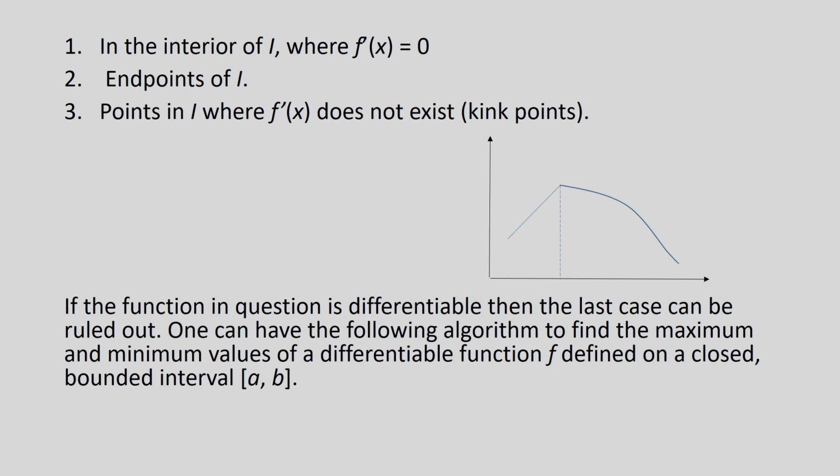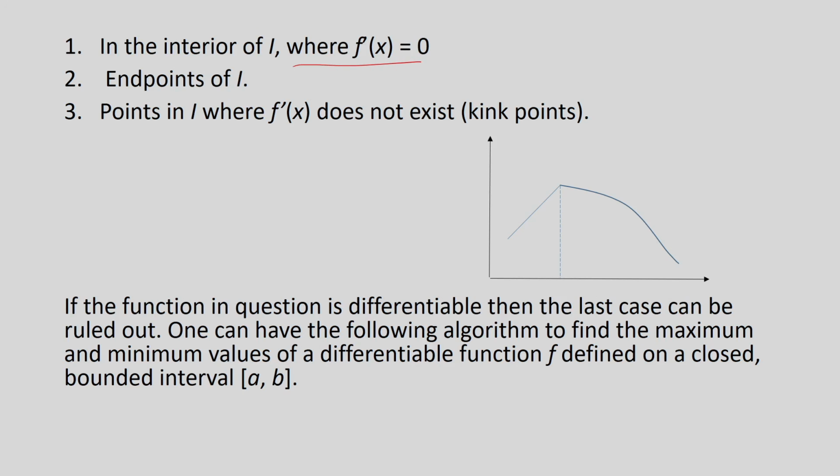The first possibility is the possibility that we shall often be talking about, that the extreme point is in the interior of I, and if it is in the interior of I, then let us assume that f dash x is equal to 0.